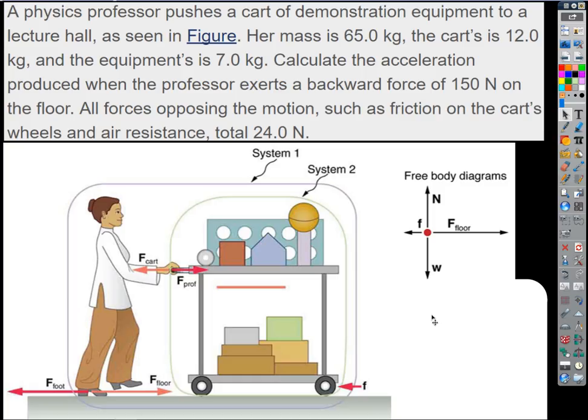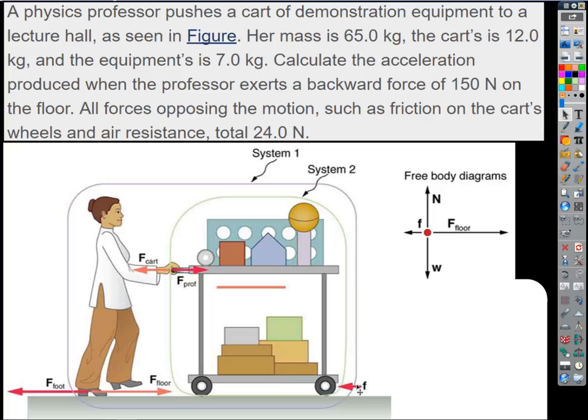This is the force that's accelerating the system of the cart, the professor, et cetera, forward along the ground. So what are the forces acting horizontally on the system? Well, what are they? That one, and that one. Does that make sense? Okay. So this free body diagram makes sense?